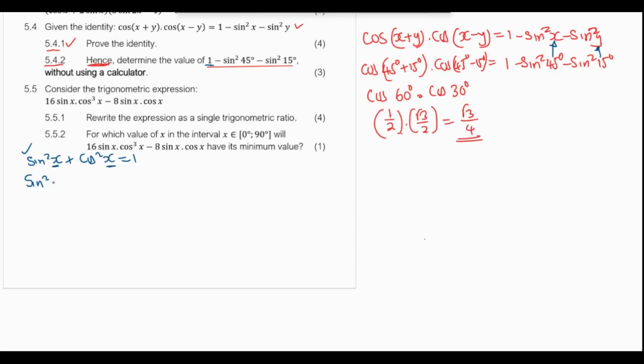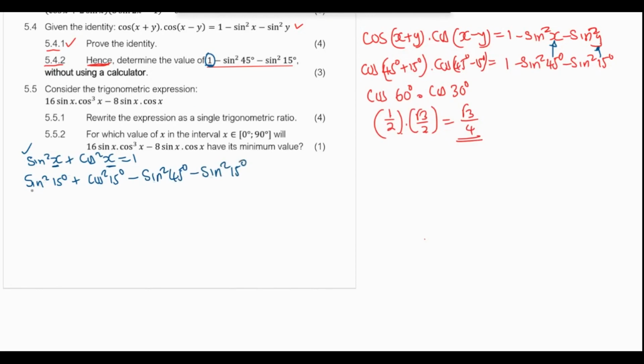So where there's x, we put 15. So sine squared 15 degrees plus cos squared 15 degrees, then minus sine squared 45 degrees minus sine squared 15 degrees.